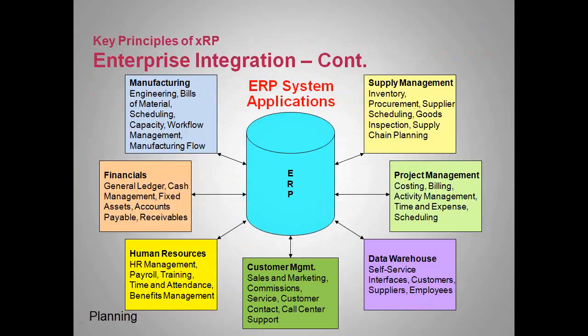It contains finance, where GL, general ledger, cash management, fixed assets, accounts payable and receivable are there. It also contains project management, where we talk about costing, billing, activity management, and time and expense scheduling. It can also contain HR, data warehousing, and a customer management system. So all these systems are integrated in one system, which is called ERP.